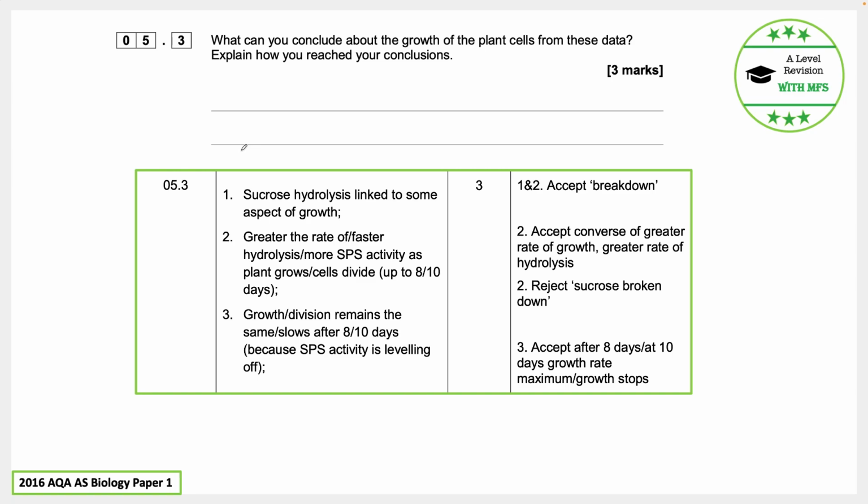And then all you need to do is describe your graph. There's a greater rate of hydrolysis between the start at 0 days up to 8 or 10 days, and then after 10 days you can see that it levels off between 10 and 12 days, and you can give a reason for that as well, because the SPS activity is leveling off. Okay, and that would be worth 3 marks.